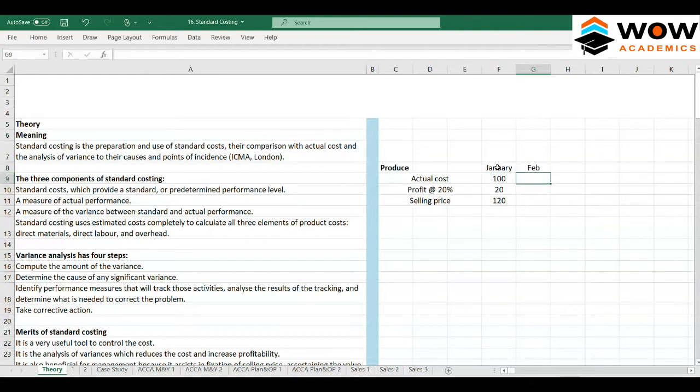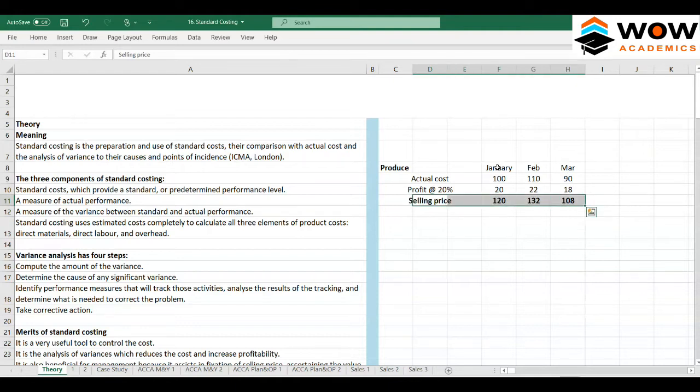In Feb, what happens is quite different. The cost goes to 110 and now you have to make a profit on it. So 20% profit becomes 22, so your selling price becomes 132. In March, you again produce a product. At that time the cost becomes 90, your profit is going to be 18, and your selling price is going to be 108.